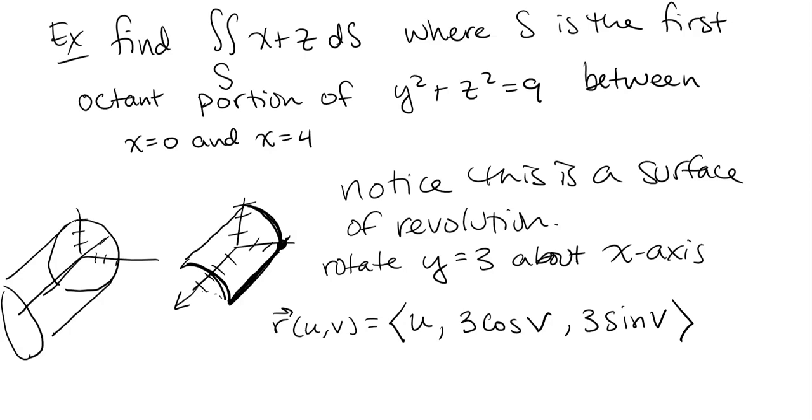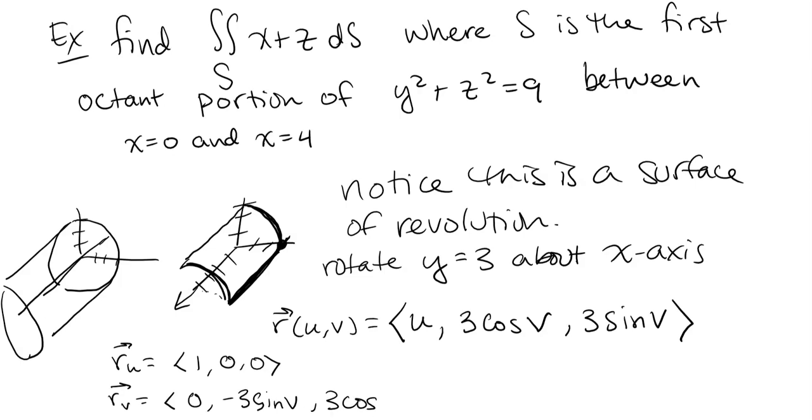Now we look for r sub u and r sub v, those partial derivatives. In terms of u, we get 1, 0, 0. And in terms of v, we get 0, negative 3 sine v, and 3 cosine v.